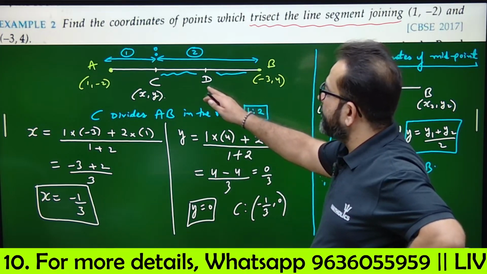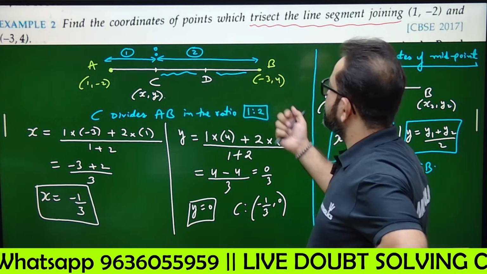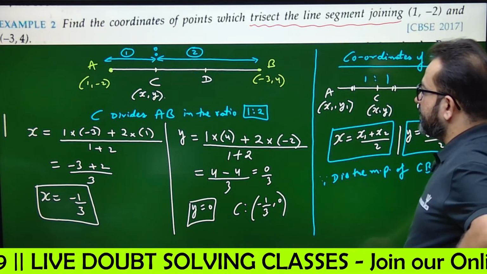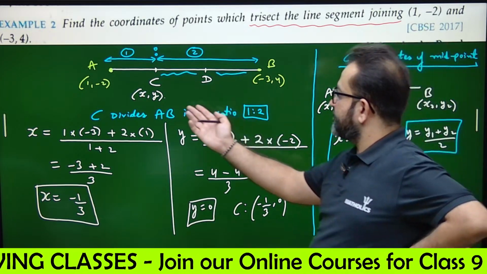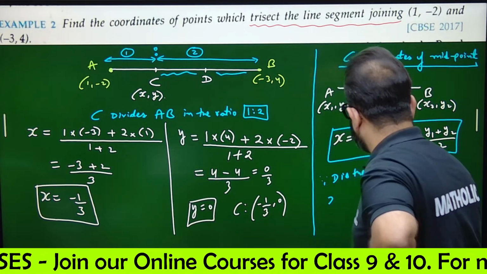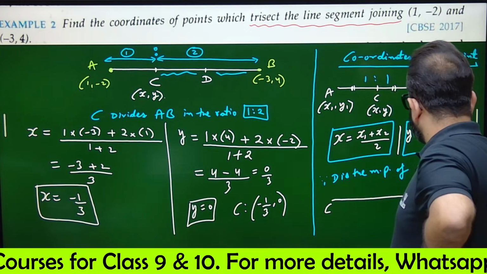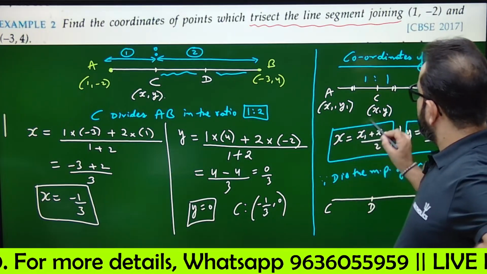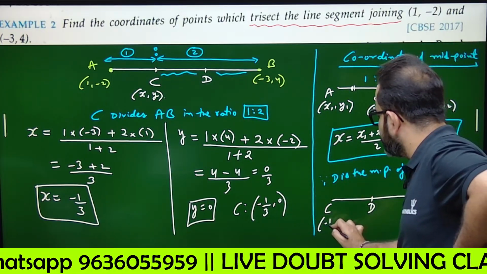So if D is the midpoint, we'll write D's coordinate: this plus this by 2. That's it. So what was X? We'll write X is equal to C. Again you can draw the diagram. If this is C, this is B and this is D. This is X comma Y, that would mean -1/3 comma 0.